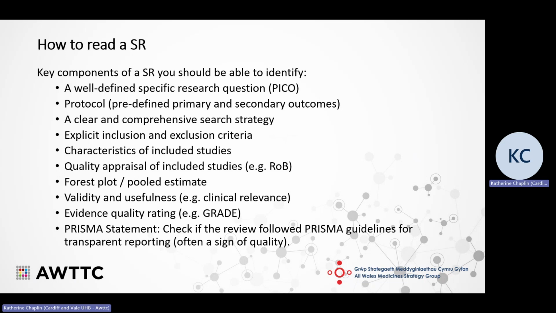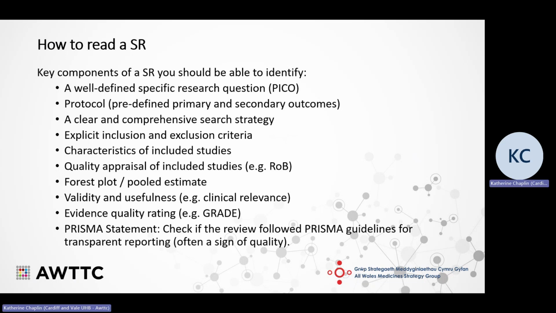There should be a table summarizing the patient and study characteristics for included studies and a quality appraisal of these studies, for example, risk of bias. If a meta-analysis has been done, then there will be pooled estimates and an associated forest plot for the outcome. Then there are considerations around the validity and usefulness of the results. For example, clinical relevance of the results and applicability to wider practice.